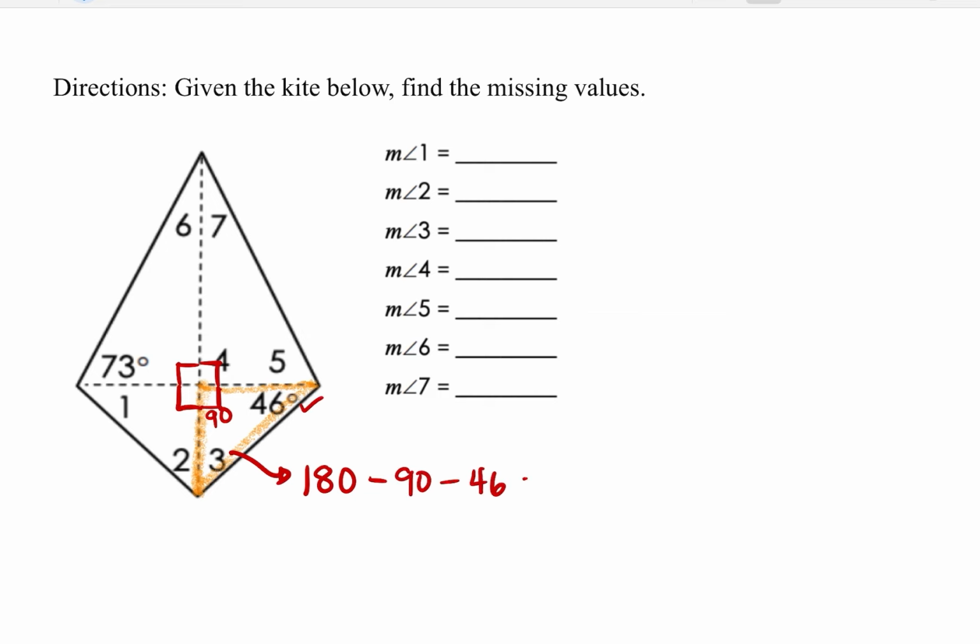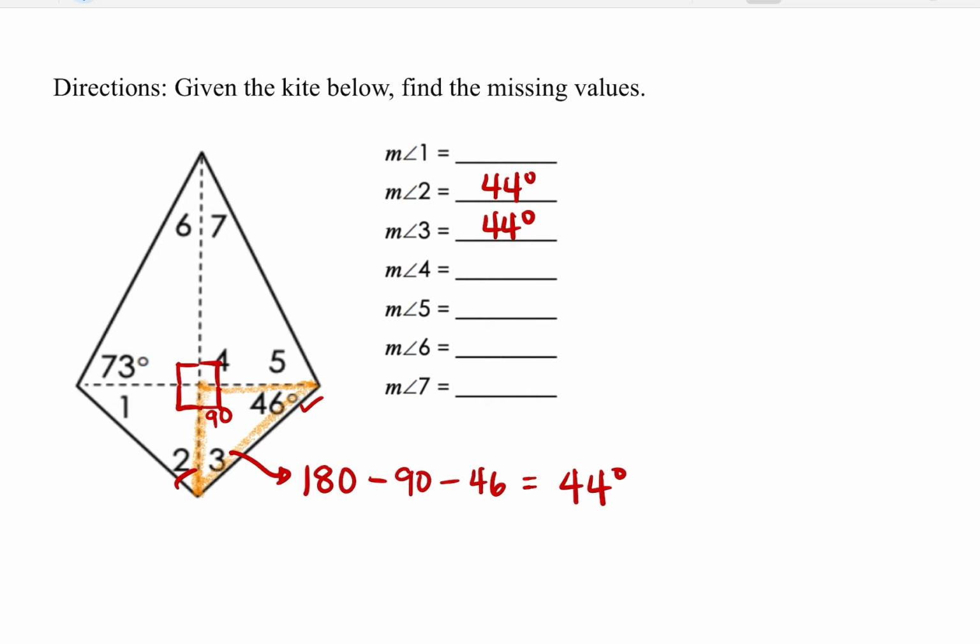Whatever is left gives me angle 3. That would be 44 degrees. So if angle 3 is 44, angle 2 will also be 44 degrees.